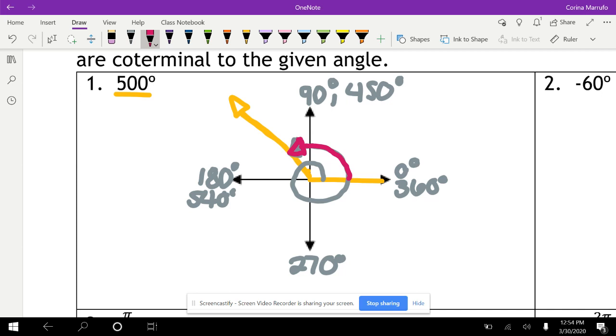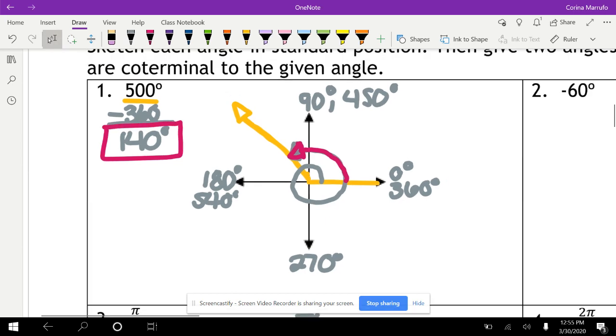From here to here, that's the part that we have to take off, which is one full rotation, which is 360 degrees. So we're going to take the 500 and subtract 360 from 500. And I believe that gives you 140. Okay. So that is one coterminal angle here. That is 140 degrees, and it is a positive.